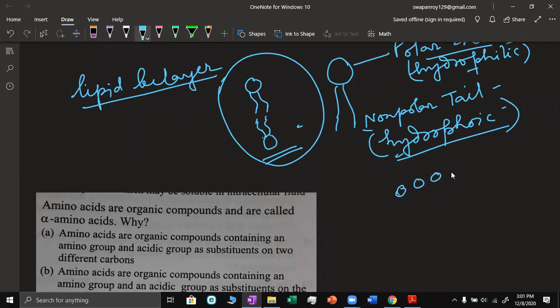There is a double layer, and when it is broken, it breaks into small pieces and may come in the form of a single layer. But as a single layer, they cannot stay in this open condition. They have to protect the tail portion, which will move away.